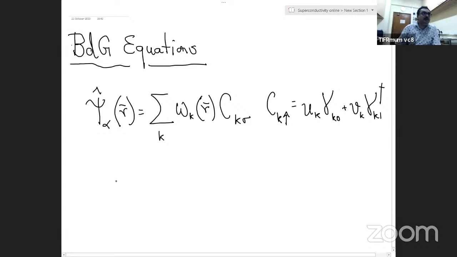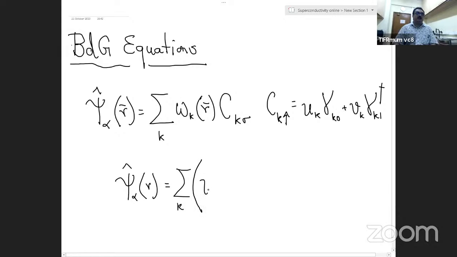So I will write this quantity as u_k, but now I take it to be position dependent, because this Wk I absorb within u_k. It's just a multiplicative factor, so it doesn't matter. Ultimately, I have to normalize it. So I take this u_k now to be a position dependent quantity.